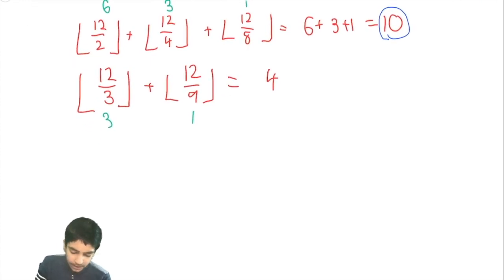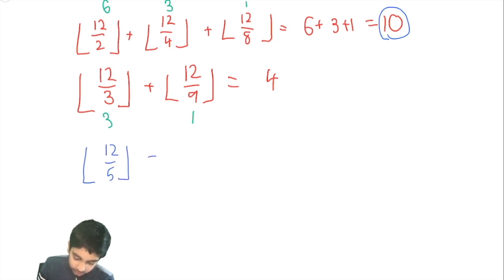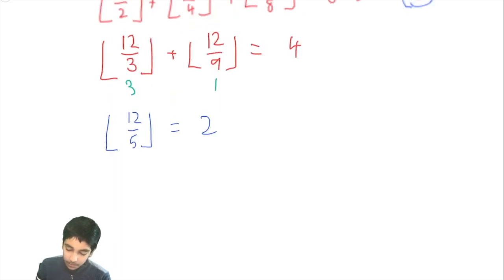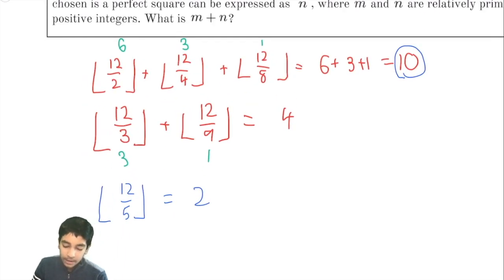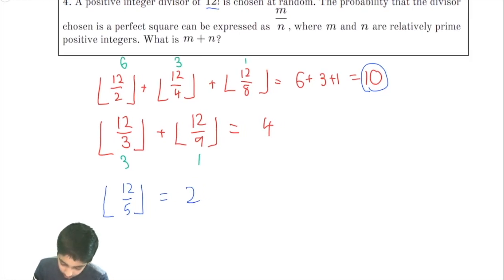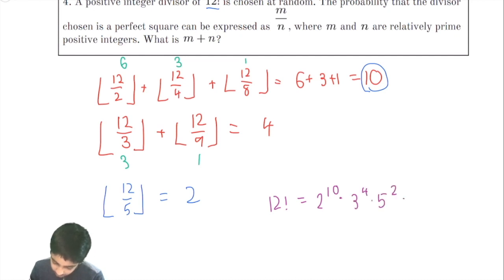For 5, we're going to have 12 divided by 5 equal to 2 factors of 5. And for 7 and 11, it's just going to be 1 each, because there's only one factor of 7 and one factor of 11. So the prime factorization of 12 factorial is 2 to the 10 times 3 to the 4 times 5 squared times 7 times 11.